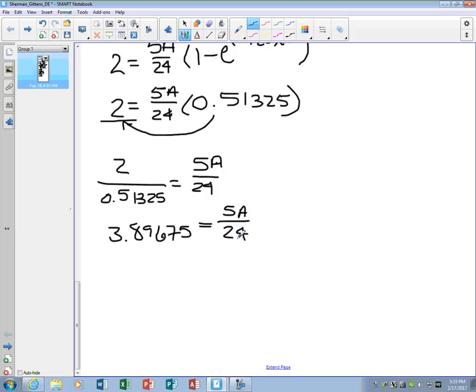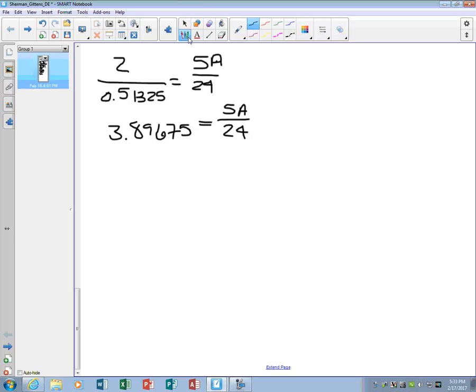I'm going to multiply it by 24 on both sides, and then divide by 5. And what that's going to get us is a. So when we do all that, a equals 18.7.